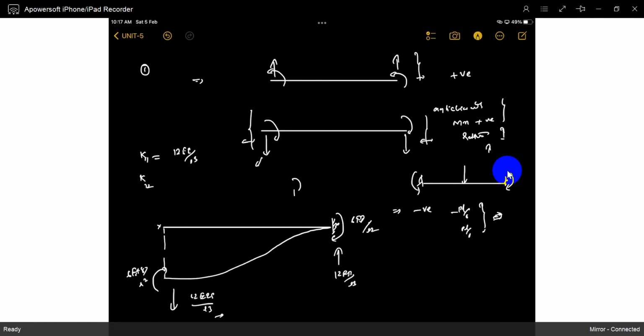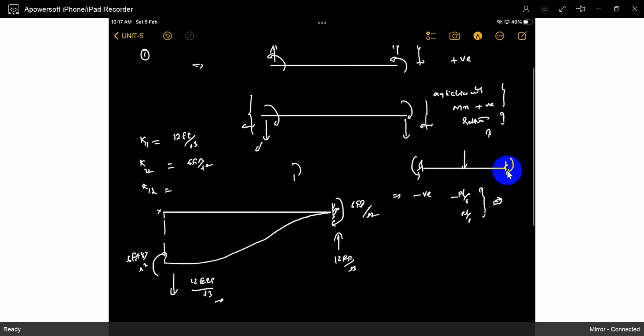Moment, K21, same direction, 6 EI by L square. K31 is again positive.